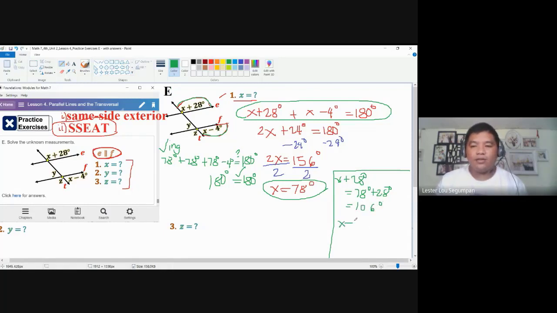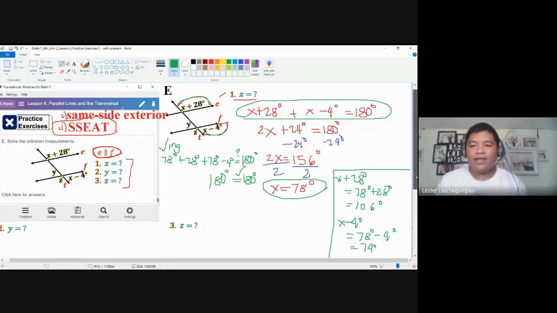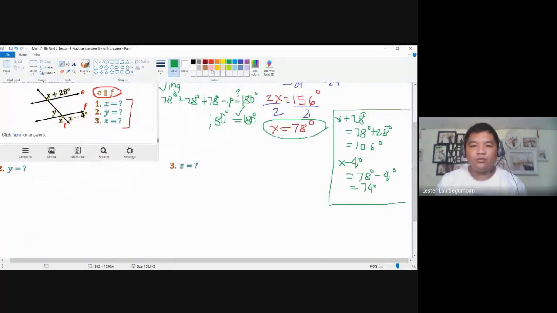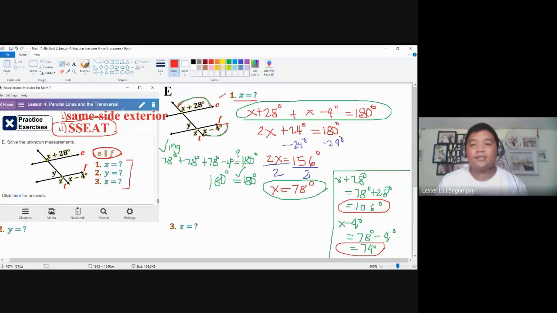And for x minus 4 degrees, x being 78 degrees minus 4 degrees, you will have 74 degrees. Look at the values of the two, 106, 74. If you're going to add these two, will it become 180 degrees?